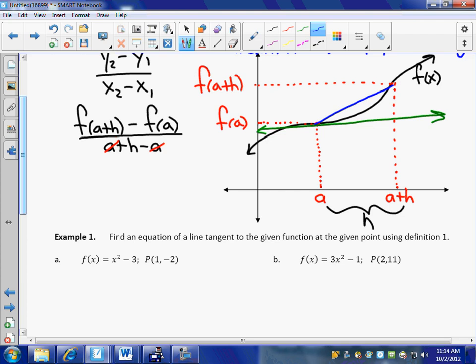What should I move h towards? Stop. 0. I move A plus H towards A, but H is the difference. So H gets smaller and smaller and approaches the number 0. In order to move it smaller and smaller, I use a limit.